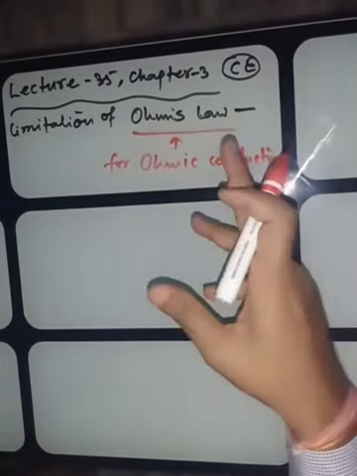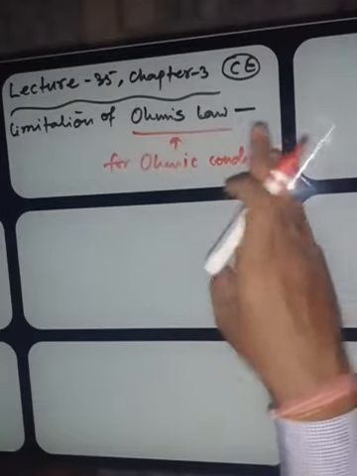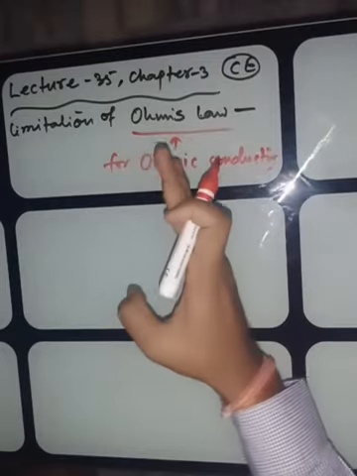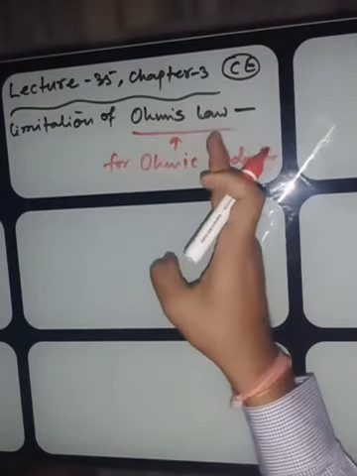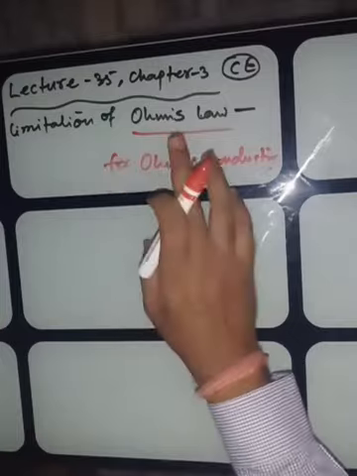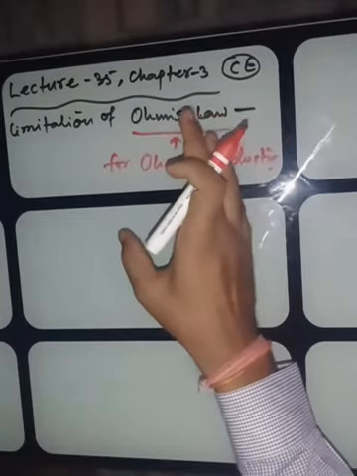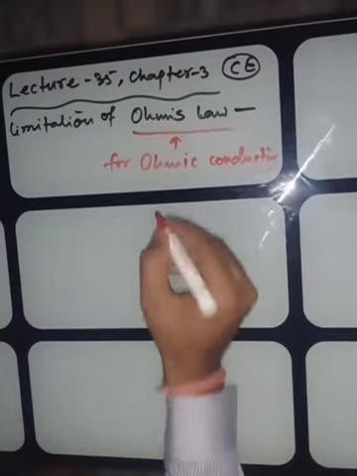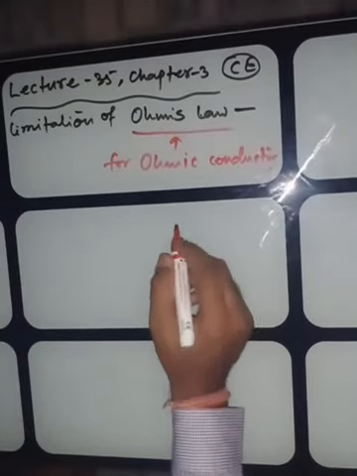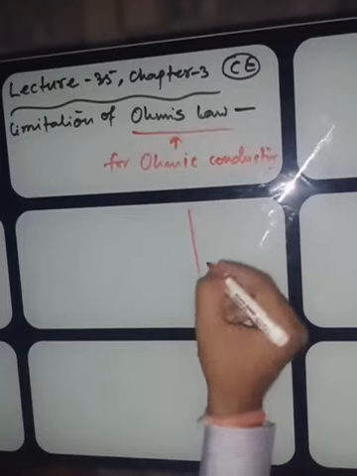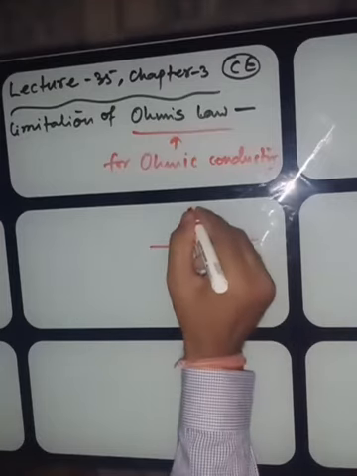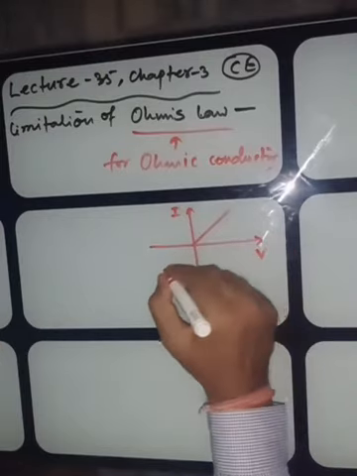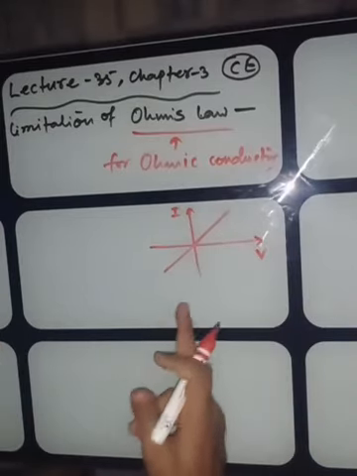Remember students, if it is not passing through the origin, it is not that it is not obeying Ohm's law, but it may not have the perfect characteristics of an ohmic conductor. So the ohmic conductor, with current on one axis and voltage on the other, shows a graph like this one.